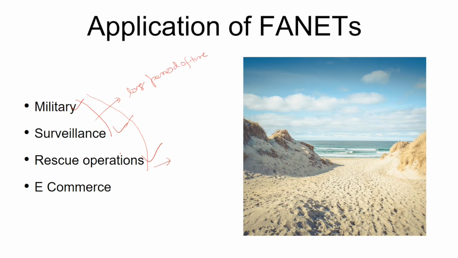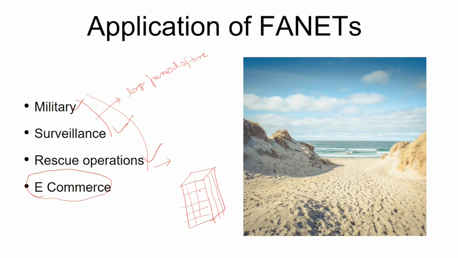Now the new thing coming up is e-commerce. If you take Amazon, they are already doing some research on making the drone. What they do is, if you have a house, let's say this is the house, we have something called a box in the terrace of your house.